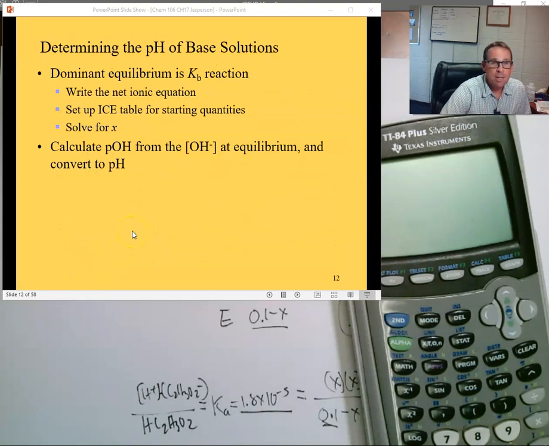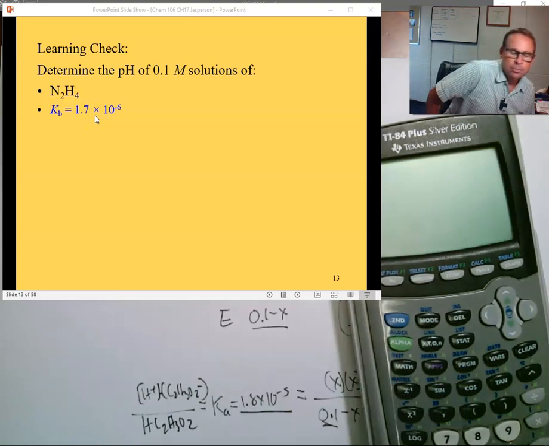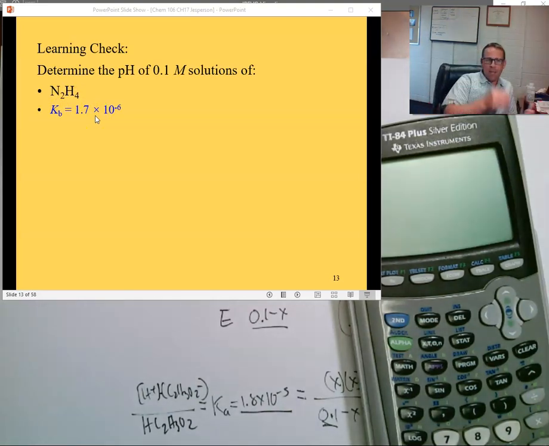We can do the same thing for basic solutions. So if I have a 0.1 molar solution of this material, and I'm given the Kb for this material, right? Now, I might look at N2H4 and say, I don't know anything about that chemical. How am I going to know what its pH is?